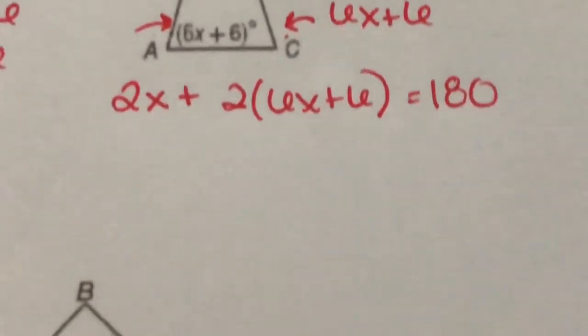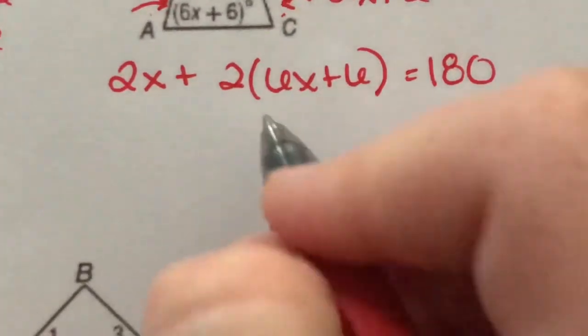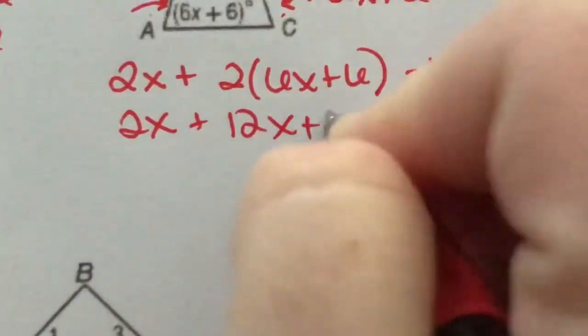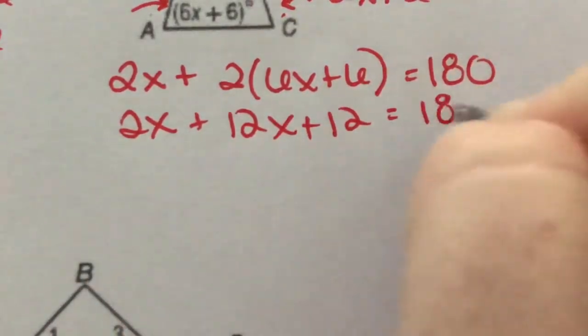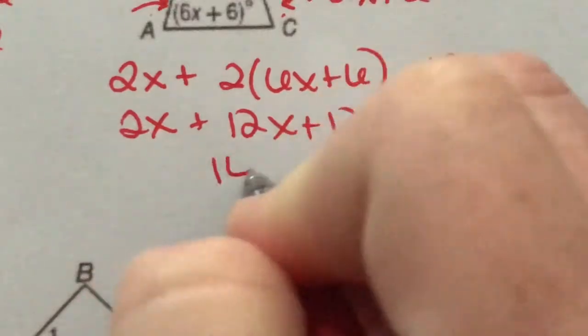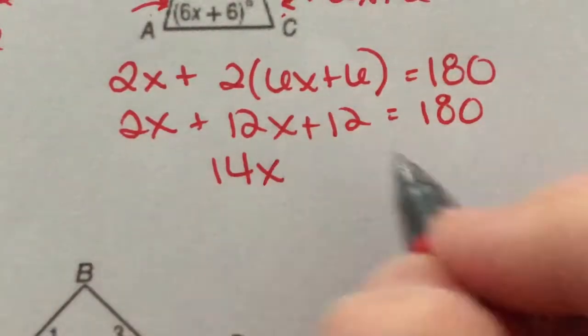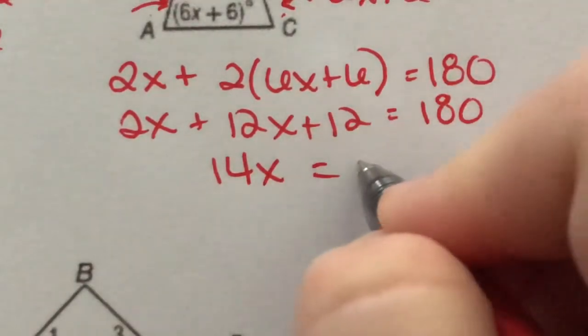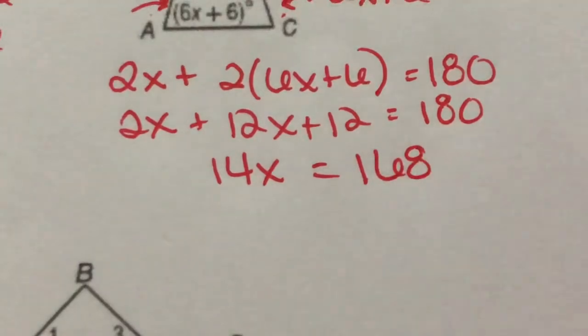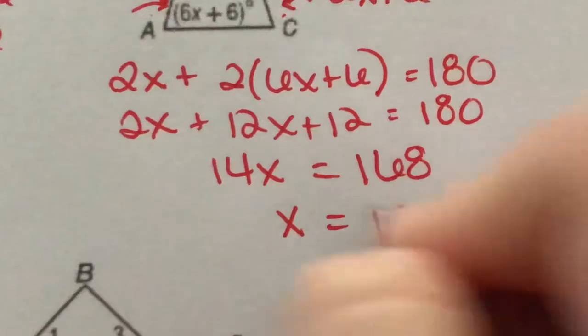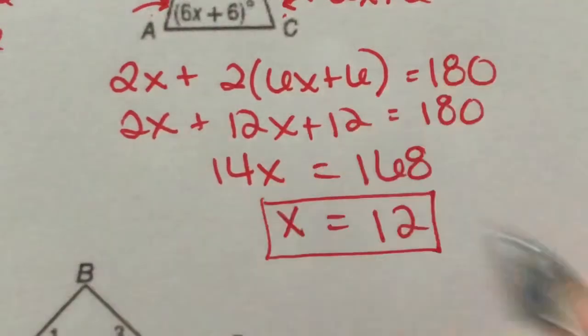Okay. And then use all my distributive property and everything I know to get x alone. I'm going to go ahead and combine the x's and subtract 12 on both sides. Divide both sides by 14. And you should get x equals 12.